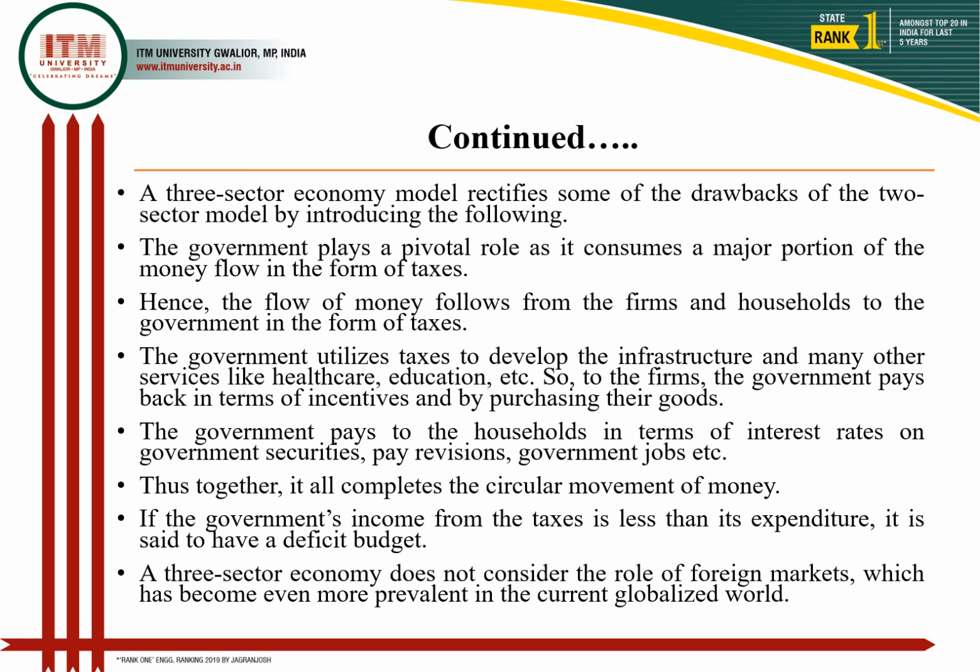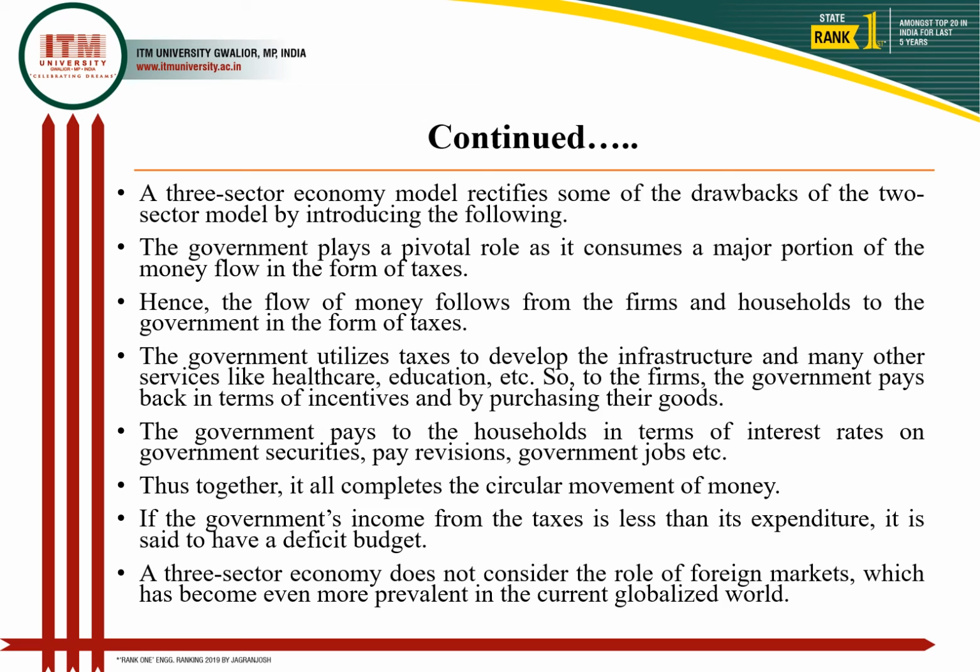And why? Because generally expenditure is greater than income, because there are many areas where the government has to spend money, either for development work or for social welfare work, and many more things. So there is a condition of deficit budget in the economy.